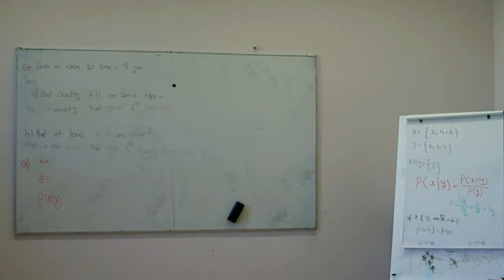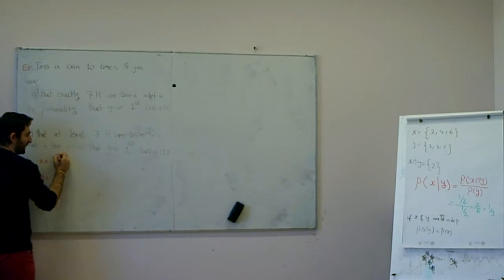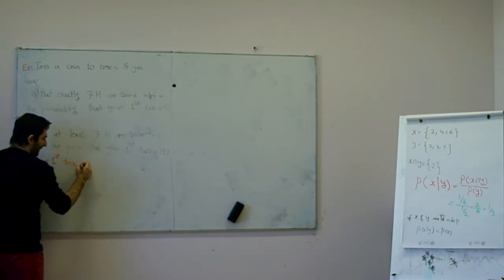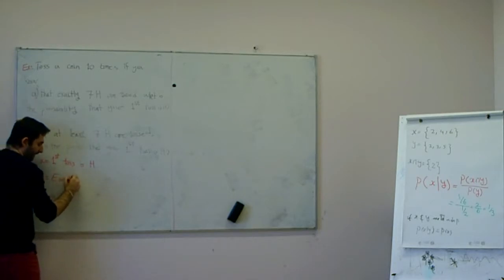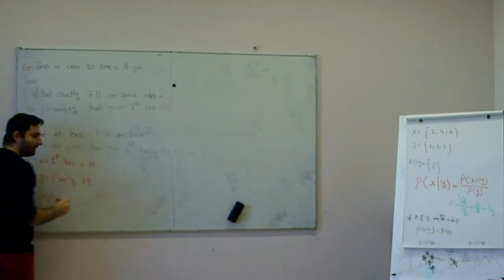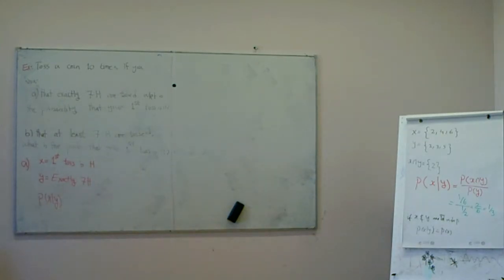X will be the first head. First toss is head. Y is, in part A, exactly 7 head. So the question is that find the probability of first toss is head, given that exactly we have 7 heads.